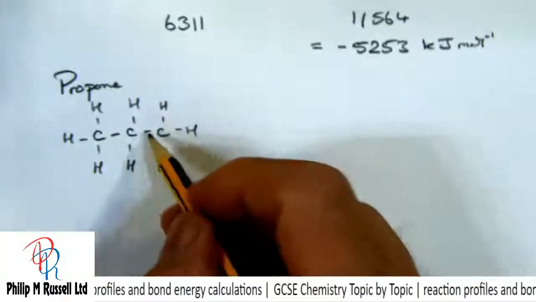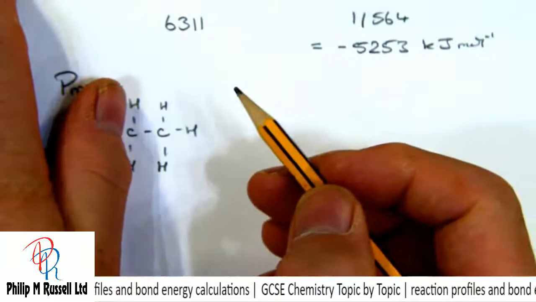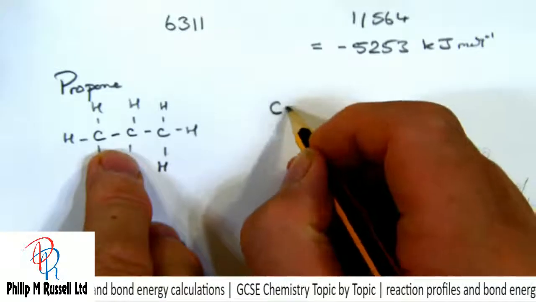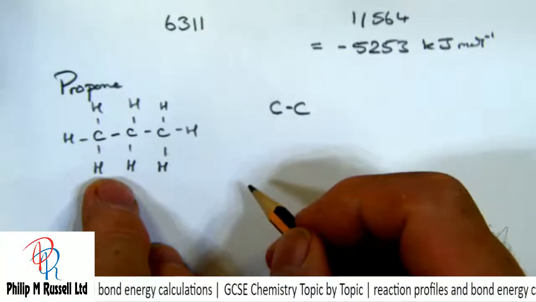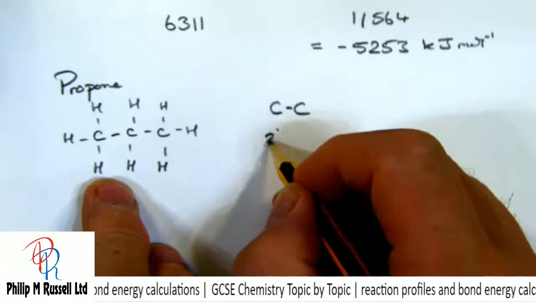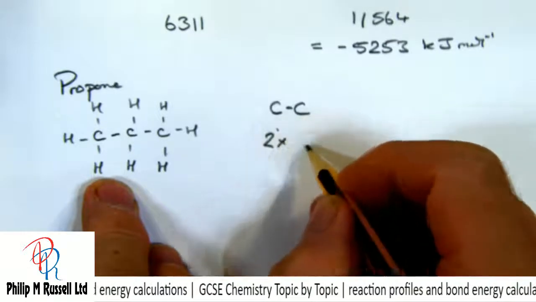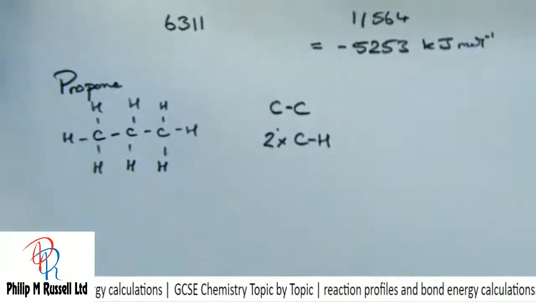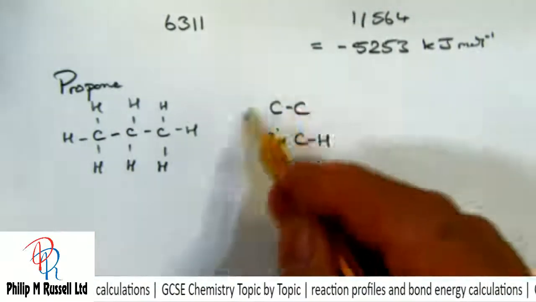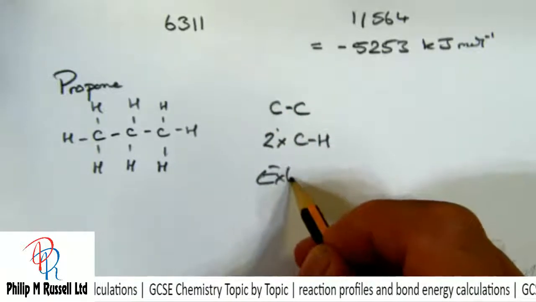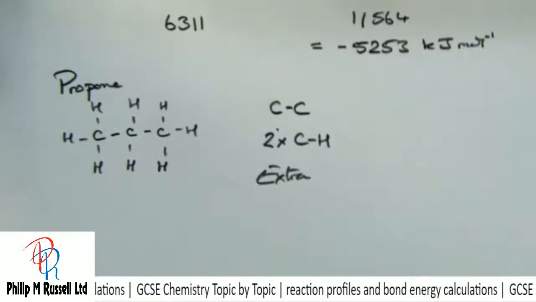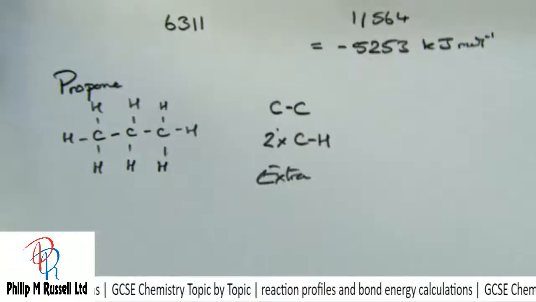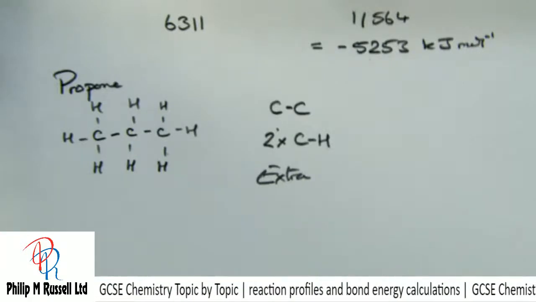It's got everything that it had in ethane, but in addition it's got an extra carbon bond and extra carbon-hydrogen bond. So this is extra. So it's going to then give us out more energy than we had in ethane.